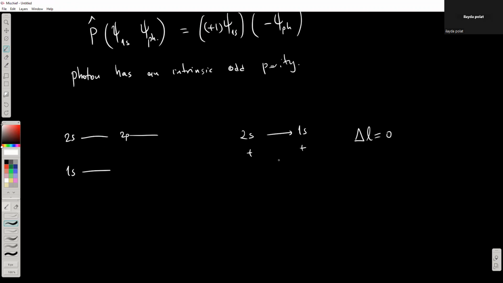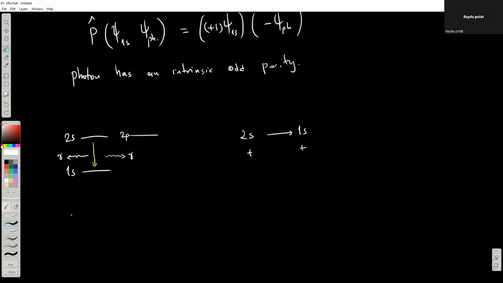So the parity would be violated in here. It's basically against this selection rule in here. In any case, what happens in here is that this transition actually takes place, but it involves the emission of two different photons. So we don't have a single photon emission in here, but two photons.